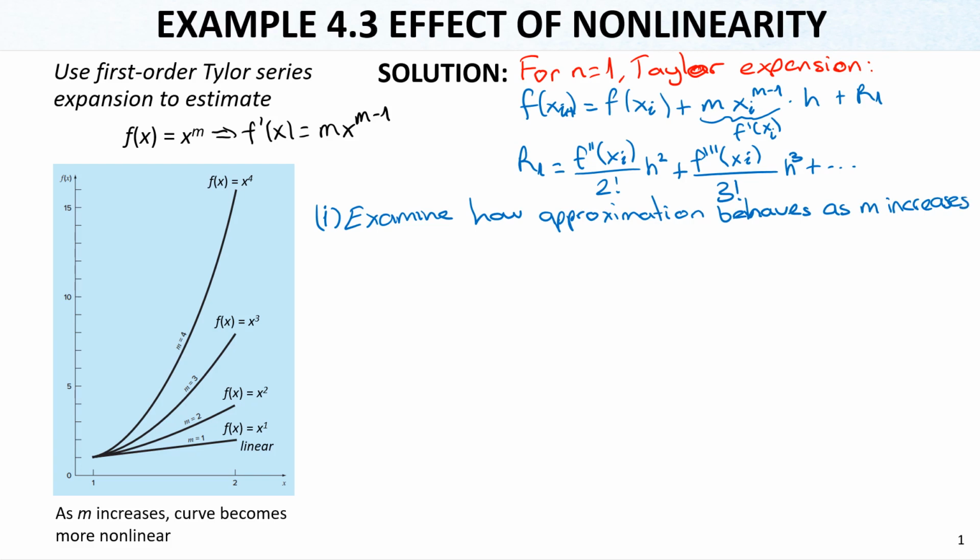The first case is this. Let's start with m equals 1. If m equals 1, we know that f(x) is just x because m is 1. Then we can simply use this function to predict.